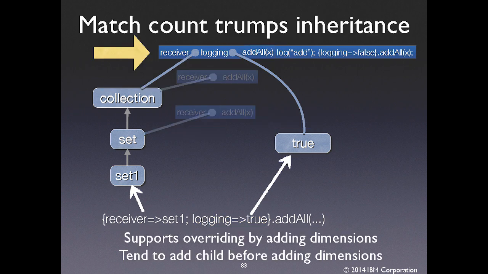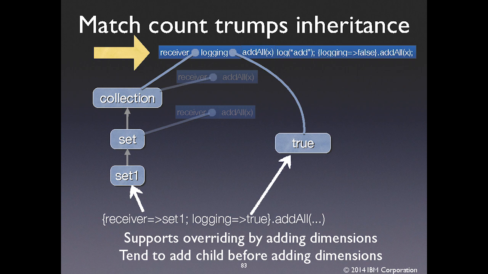Well, yeah? Sorry. It turns out that it seems right to have the match count trump inheritance. So the slot with more matches seems to be a better match than the slot with fewer matches, but they may be more specific. And what we found is as we used the prototype, we tended to define our hierarchies first and add dimensions later, often adding a slot near the top of the hierarchy with the extra dimension.